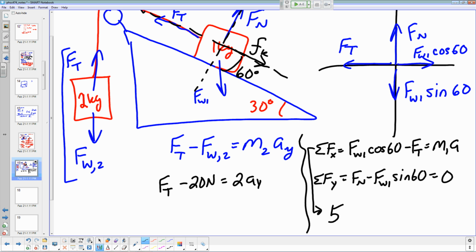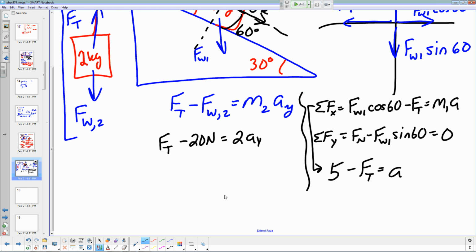Right here. 1 kilogram times 10 meters per second squared is 10 times cosine of 60, which is a half, so that's 5 minus Ft equals a. So look, now I have two equations with two unknowns. I can solve those. I like to do it by substitution.